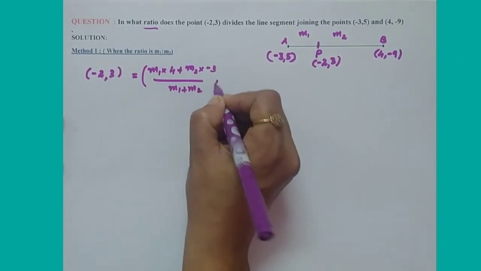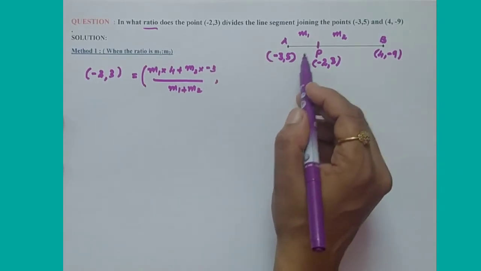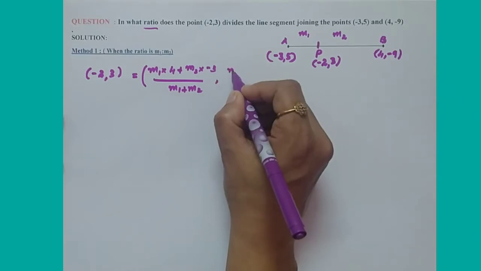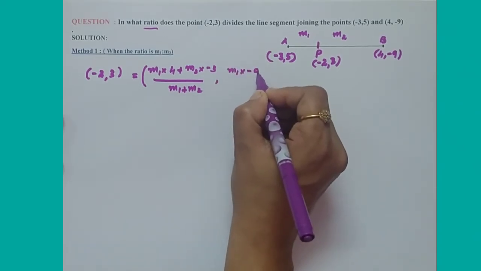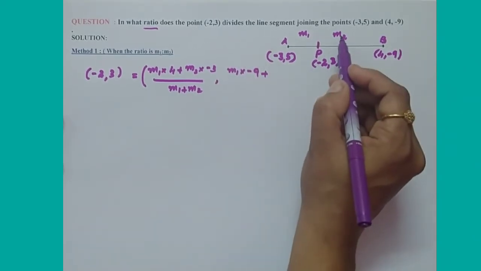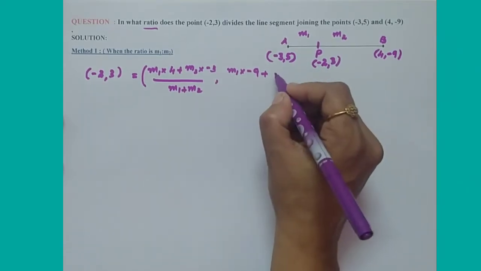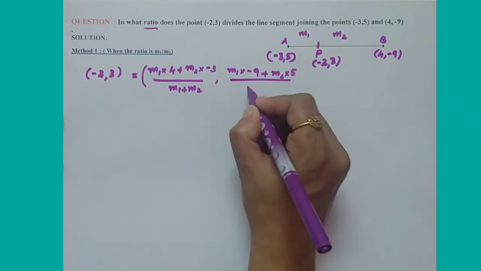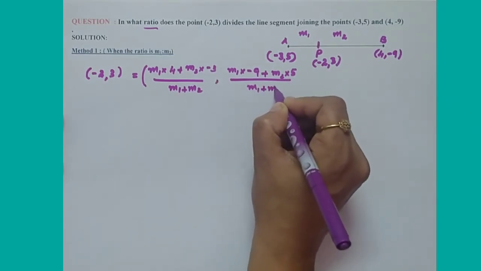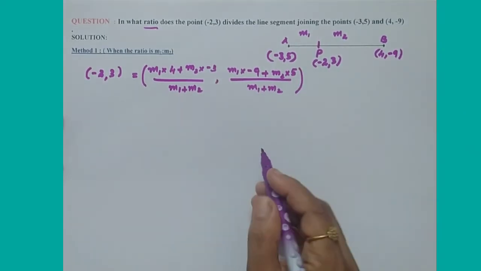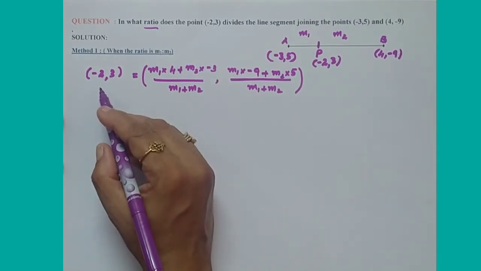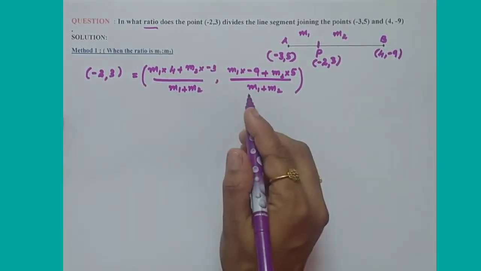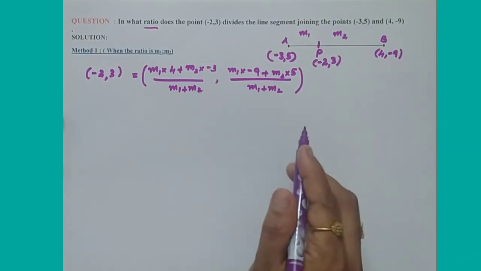This is the x coordinate, and for the y coordinate: m1 into the farway y coordinate -9 plus m2 into the farway y coordinate 5, divided by m1 plus m2. Always remember while doing the problem, the section point you need to write on the left side and apply the section formula on the right side.